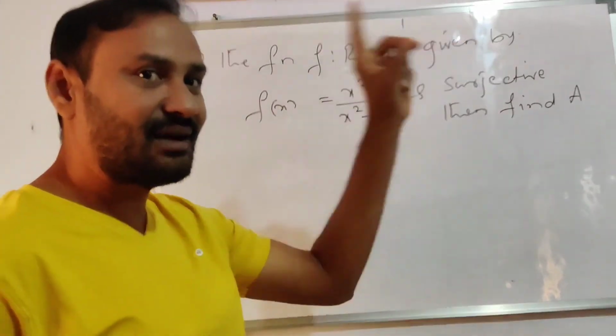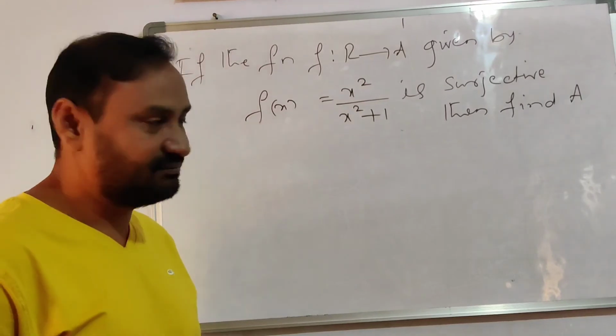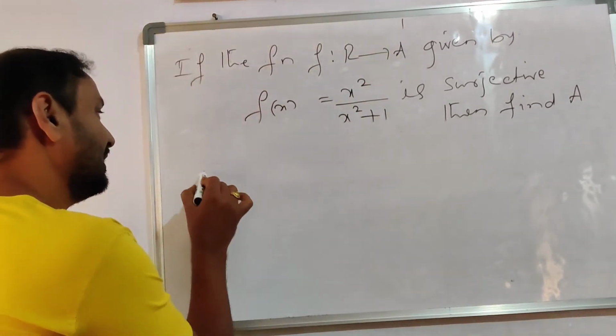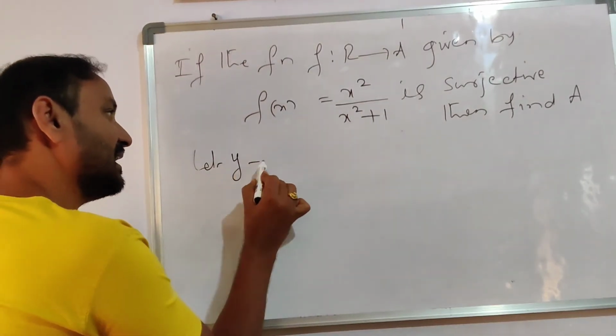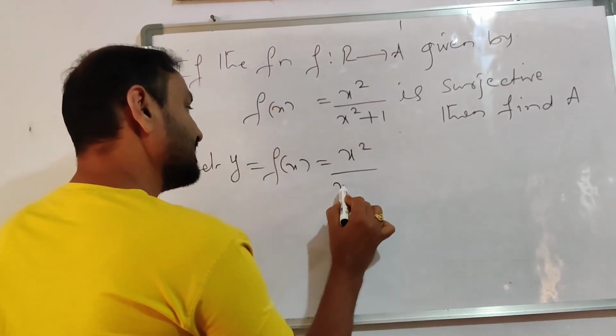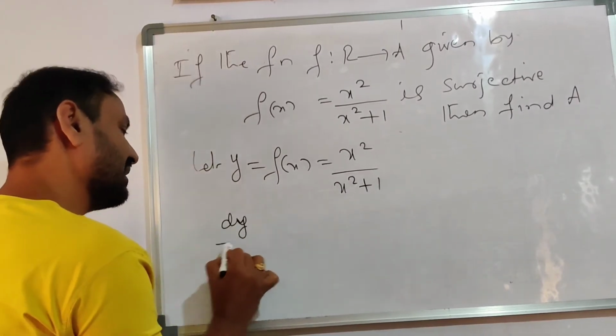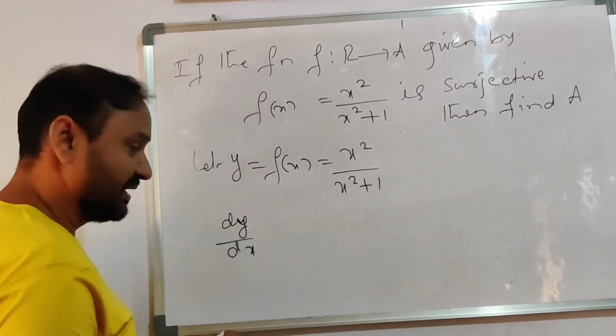Surjective means onto. So I am taking this problem graphically only. Suppose here let y is equal to f of x is equal to x square by x square plus 1. Take dy by dx first, where the slope is 0, just observe. Take dy by dx.